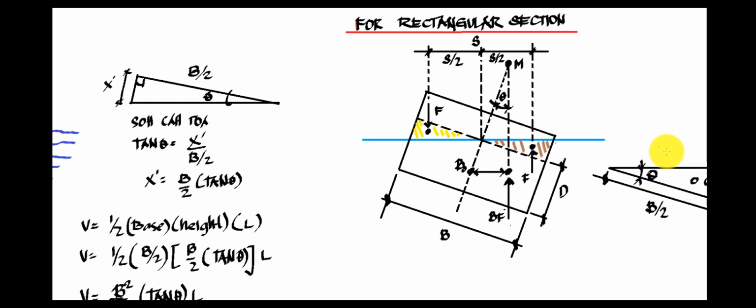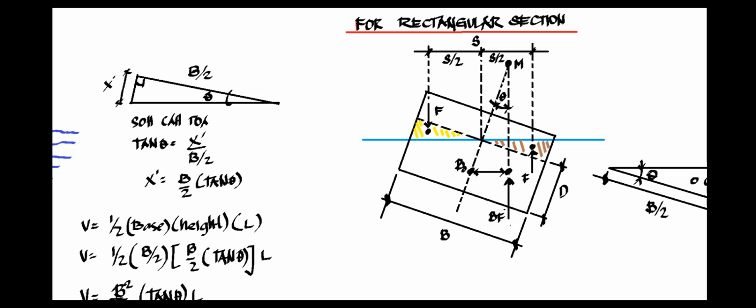So we have also here the center of gravity, the location of the reactive force in our figure. Then we have the corresponding length of this side, which will be B divided by 2, since it is half of the section.